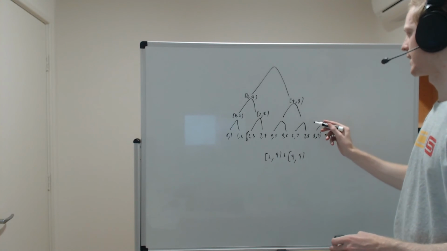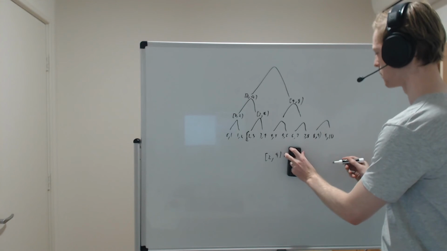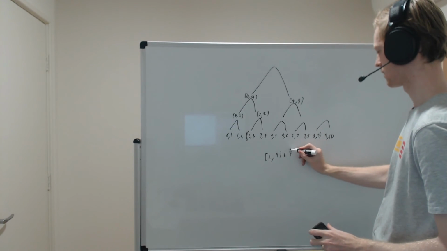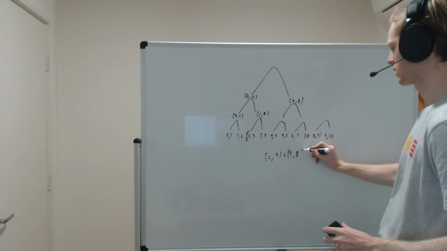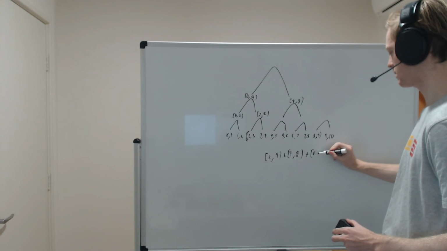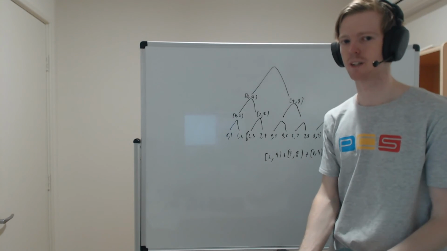So we look at the next best thing, which is 4 to 8. So we'd replace this as plus 4 to 8, plus 8 to 9. And that's how this decomposition works.